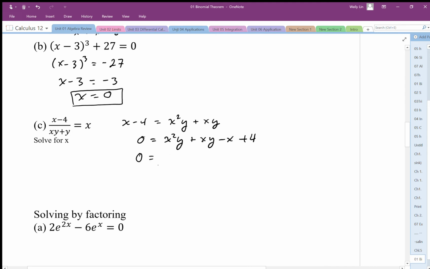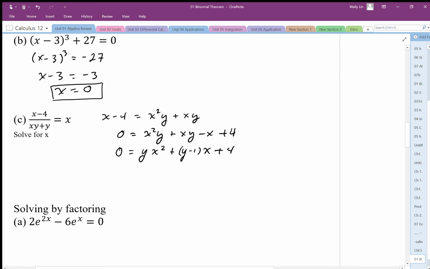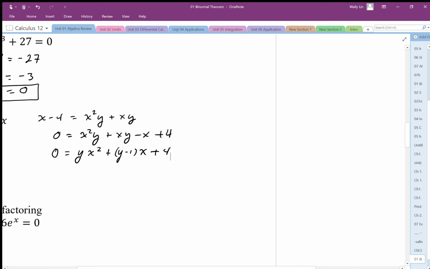So I'm just going to write this slightly differently as yx squared plus, I'm going to factor the x out, (y minus 1)x plus 4. Well, these are the coefficients of my quadratic equation: y, y minus 1, and 4. So I can use my quadratic formula to solve for this.